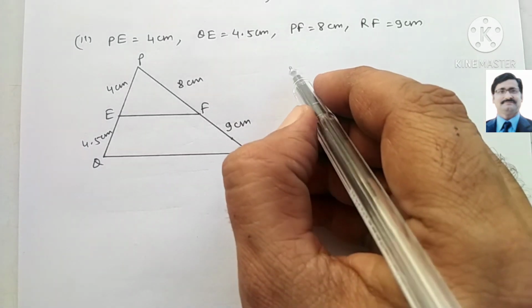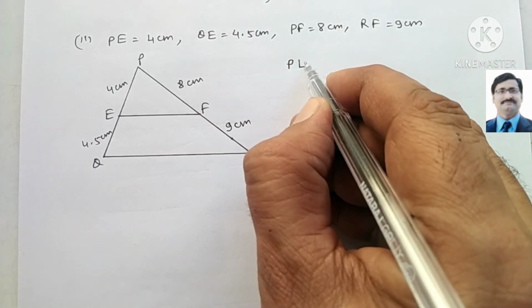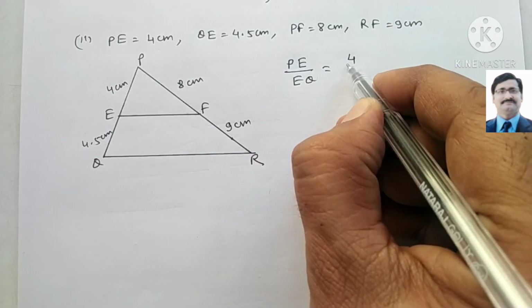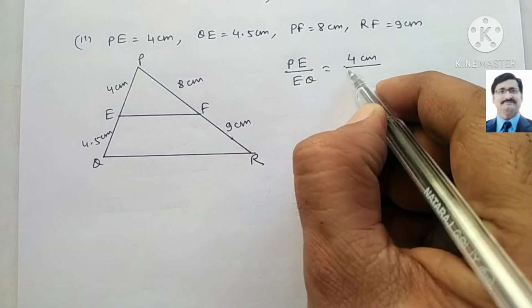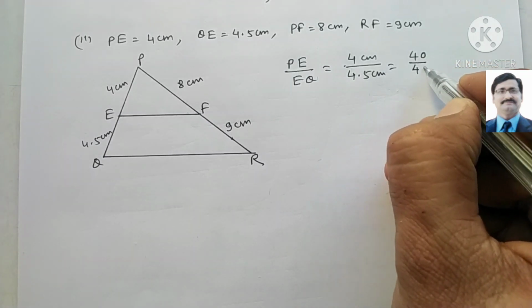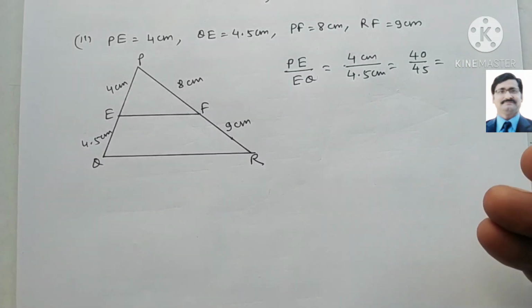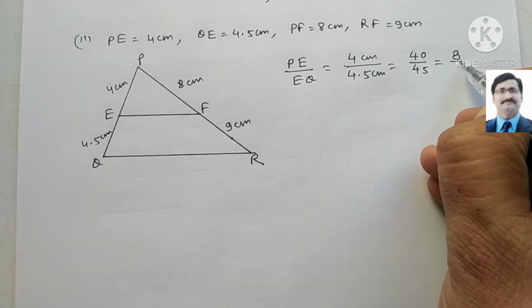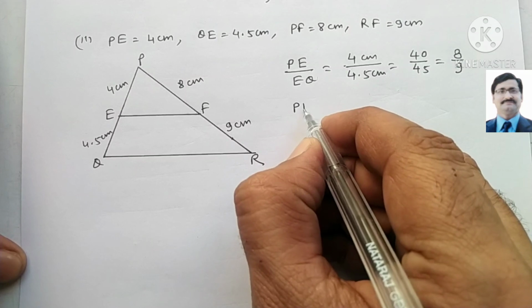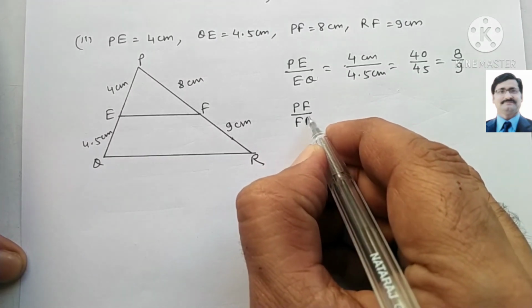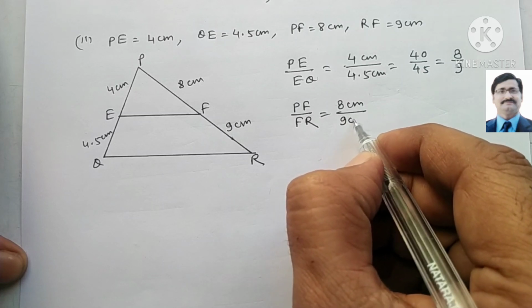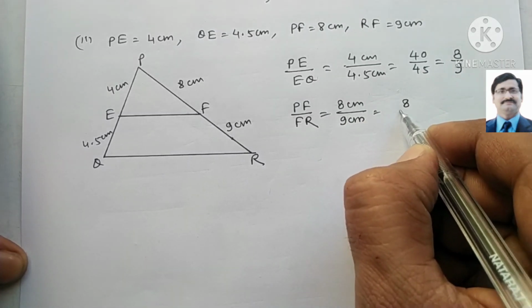So here also we first find PE upon EQ, and this is equal to 4 centimeter upon 4.5 centimeter, 40 upon 45. Now by 5, we get 8 upon 9. As it is, we will find here PF upon FR, and this is equal to 8 centimeter upon 9 centimeter, and this is 8 upon 9.